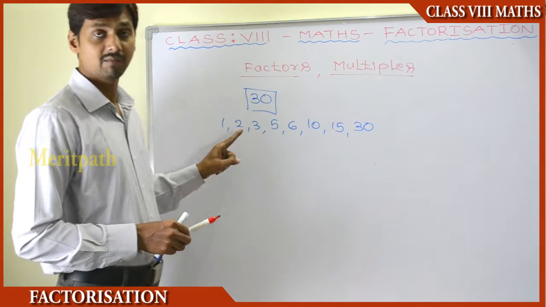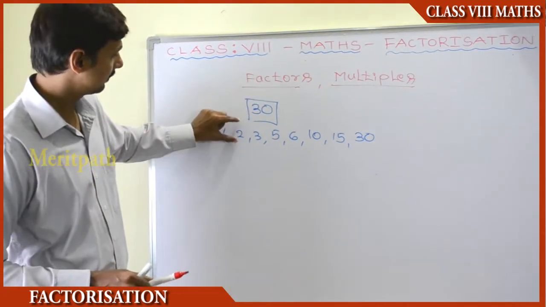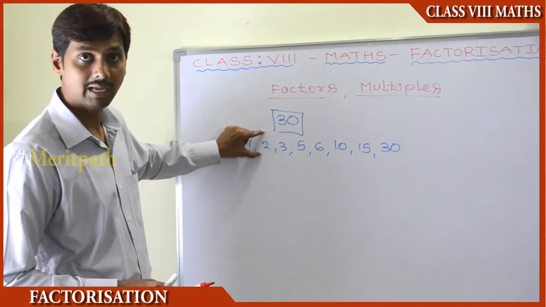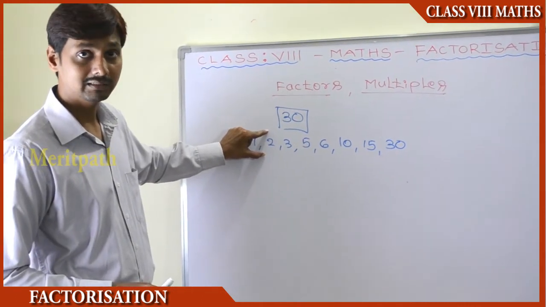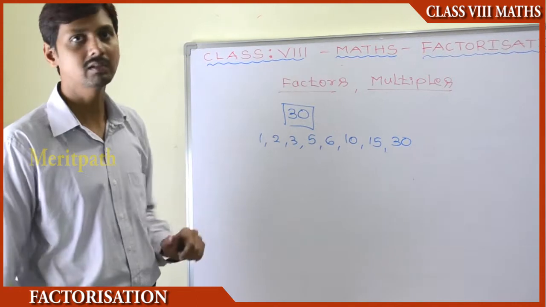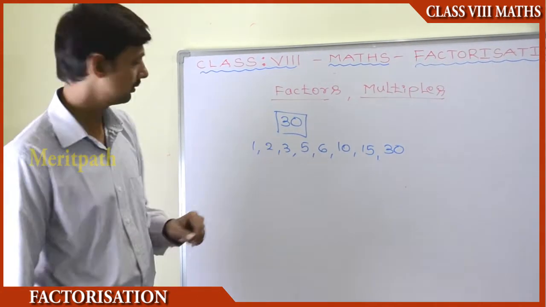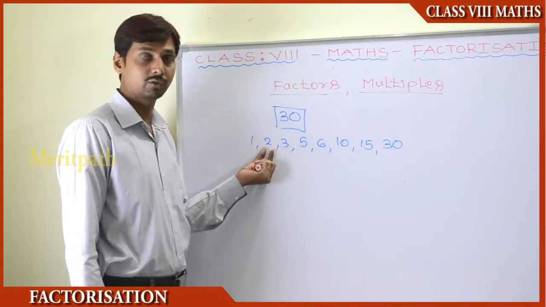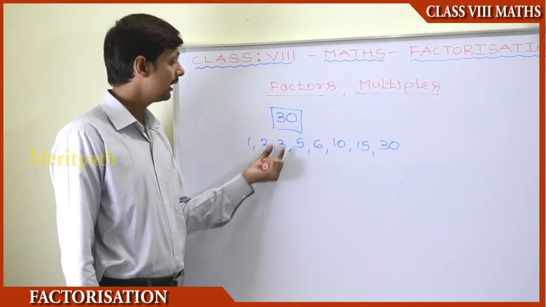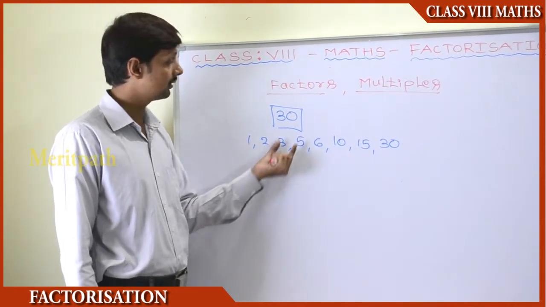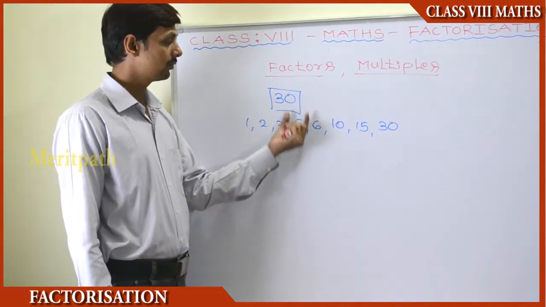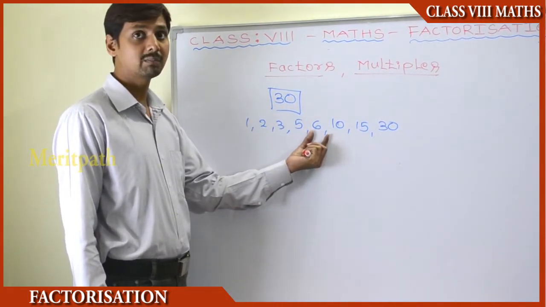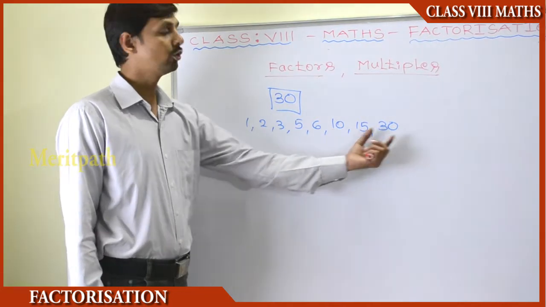When we divide a number by some other number and get remainder 0, that is called a factor. We have discussed this in the previous chapter. So 30 divided by 2 has no remainder, and 30 divided by 3 has no remainder, completely divisible. 30 divided by 5 is 6, and 30 divided by 6 is 5, and then 3, 2 and 1.